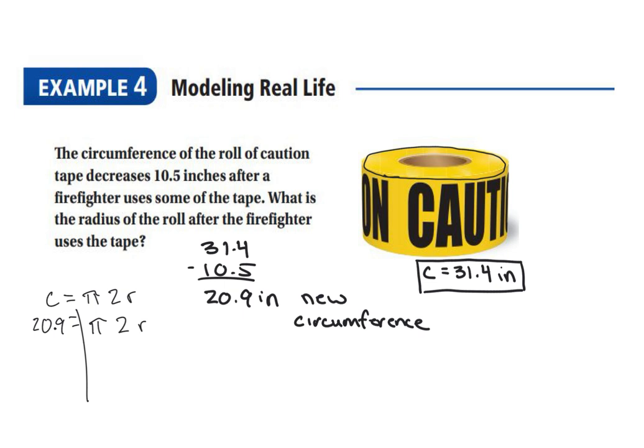is 6.28. So we have 6.28r equals 20.9. And now we're going to divide both sides by 6.28. So 20.9 divided by 6.28 is 3.33.